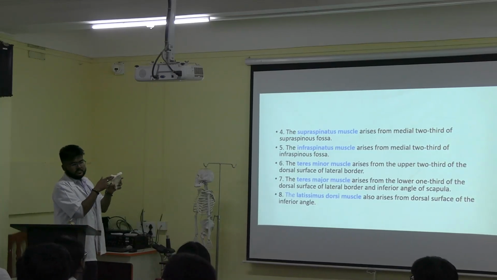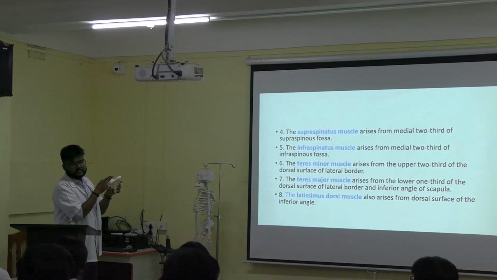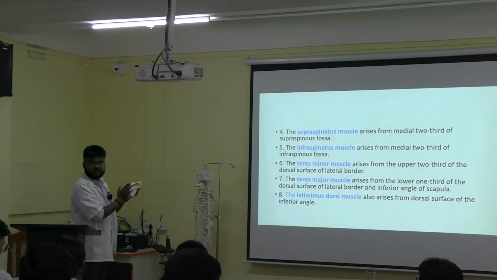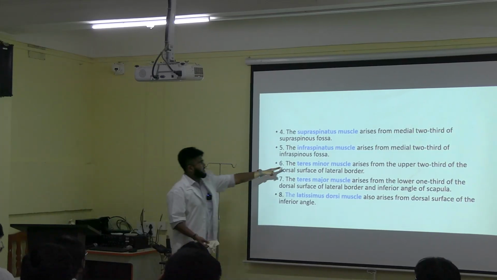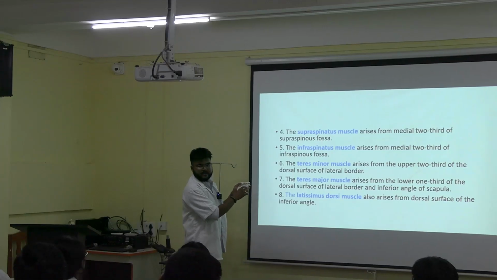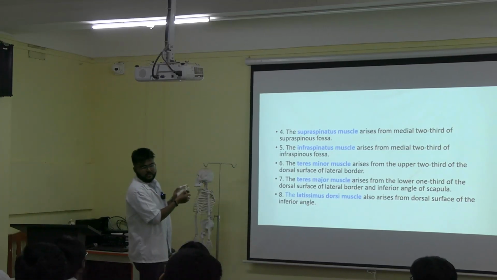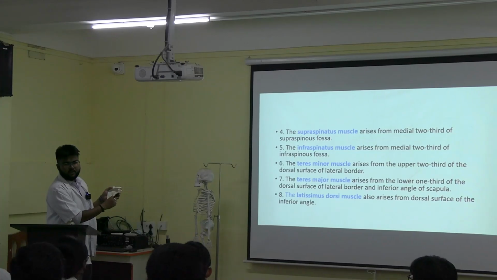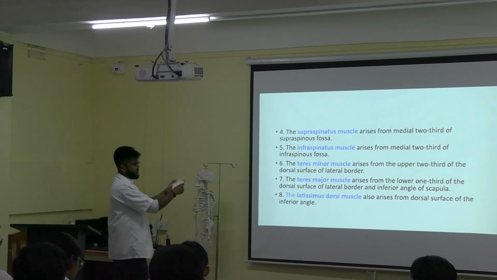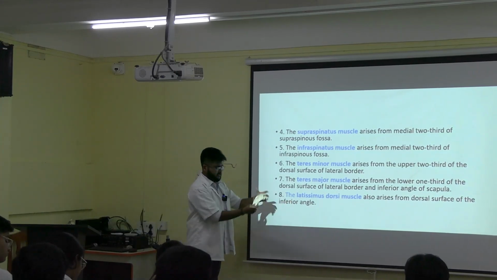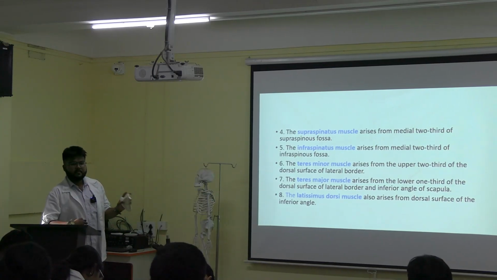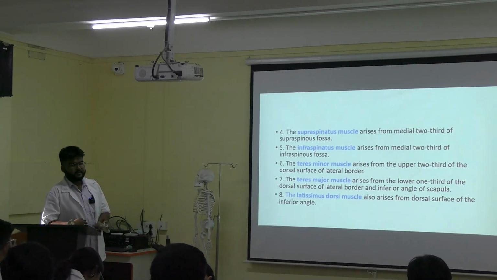Similarly, the infraspinatus muscle is present in the infraspinatus fossa. The teres minor is from the upper 1/3 of the lateral border of the posterior part. Teres major is the lower 1/3. And the latissimus dorsi is on the dorsal surface, close to the inferior angle. You just simply remember all those things.